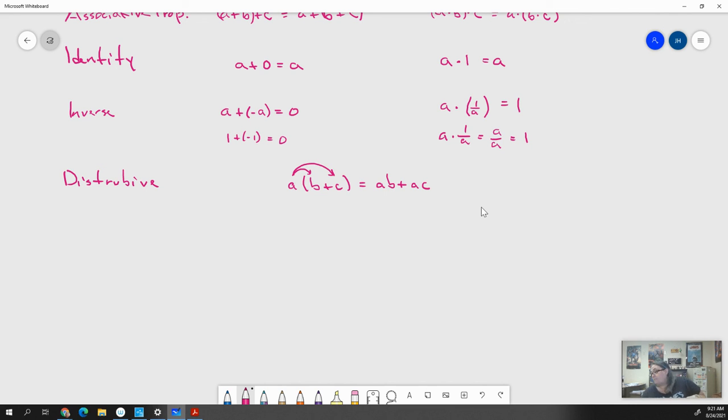The next thing you're going to have to do in your homework is you're going to be given problems, and you're just going to have to tell me which property is being used. So if I had 5 times 2 times 8 equals 5 times 2 times 8, you would look at all your properties and go, oh, well, that one's just associative, right?